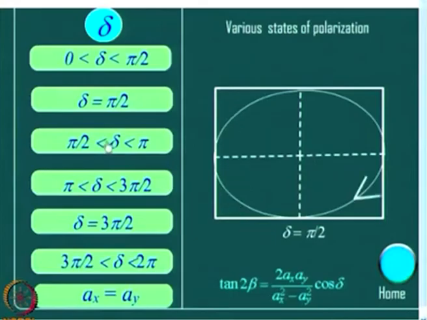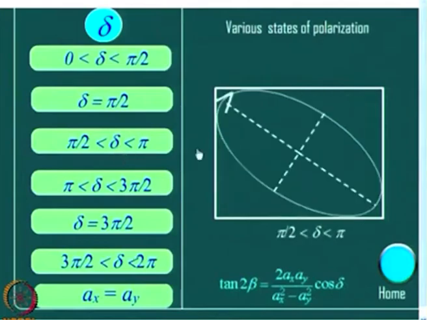And what happens when the range goes from pi by 2 to pi? The orientation changes and the handedness still remains. The handedness is still clockwise. And when you complete this picture, you will have a nice set of pictures.